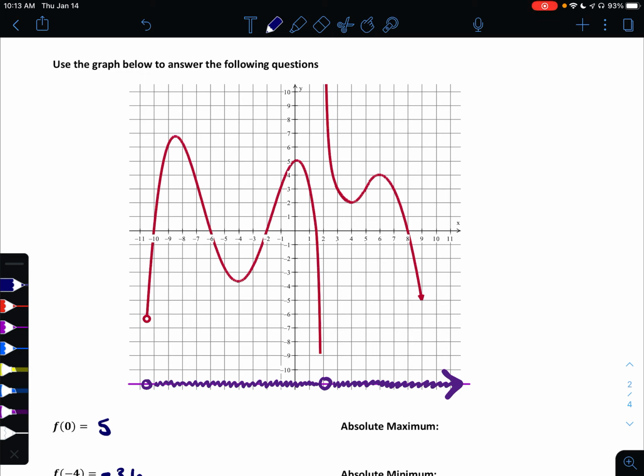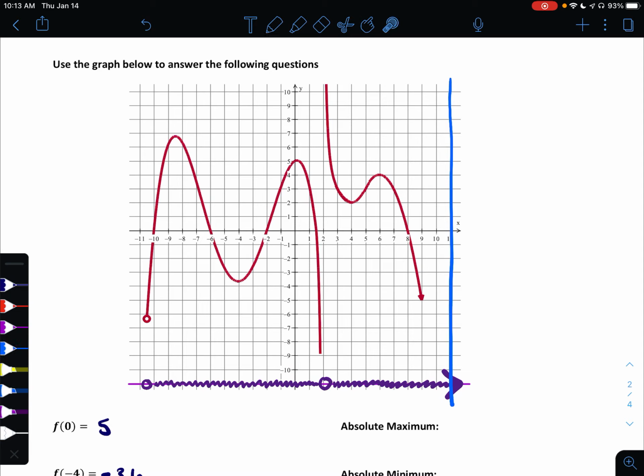All right, then our range. So range, remember, is the set of all y values on our graph. So we're just going to read our graph from bottom to top. All right, so again, I'm just going to kind of think about a number line.